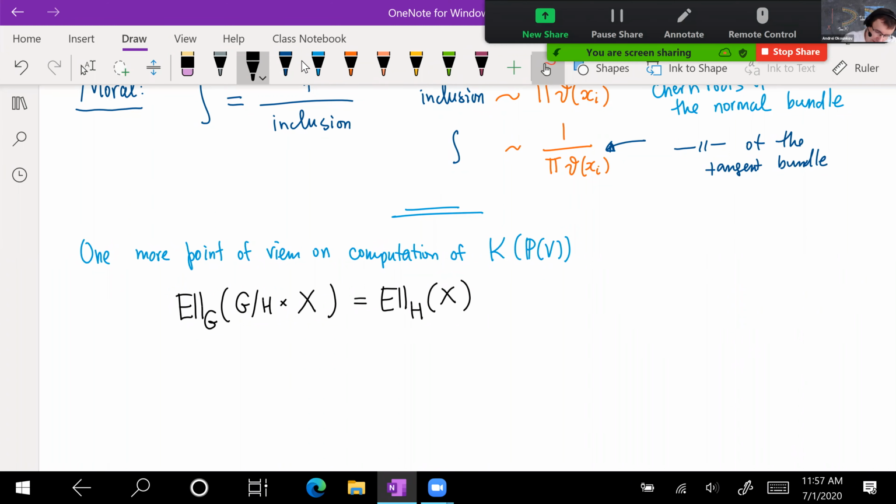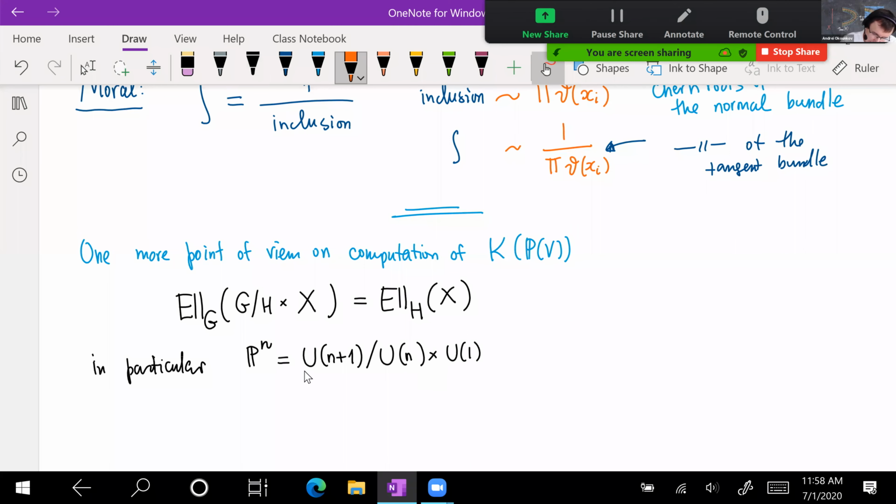And so now in particular, if I want to know the projective space of dimension n, that is U(n+1) over U(n) cross U(1).